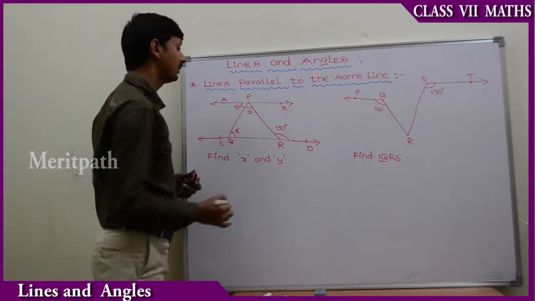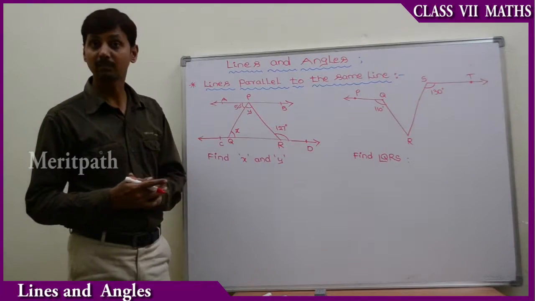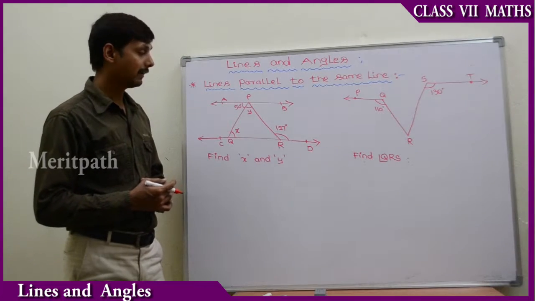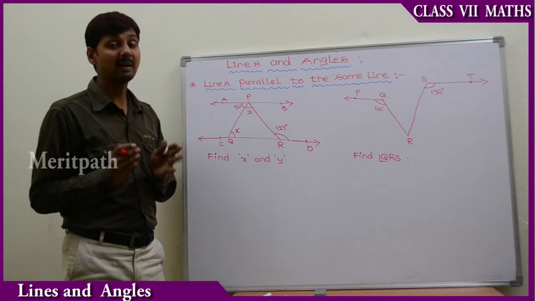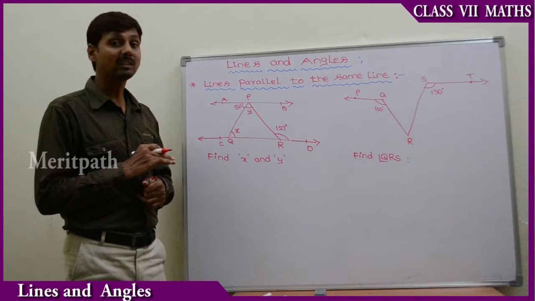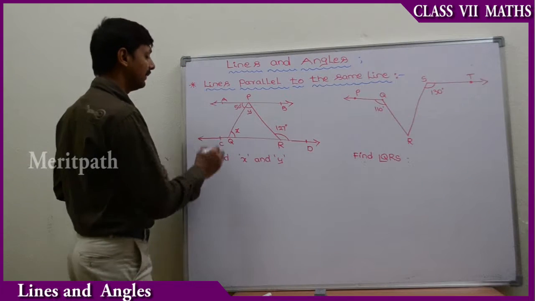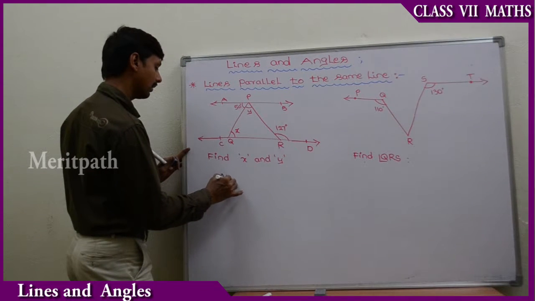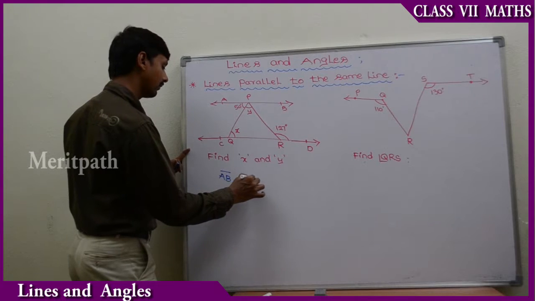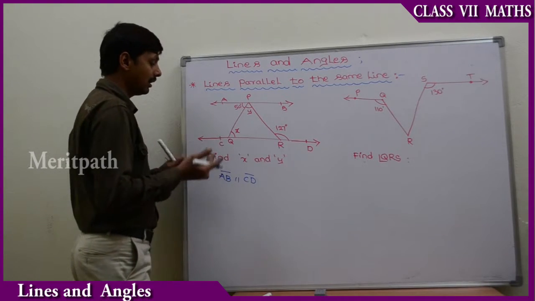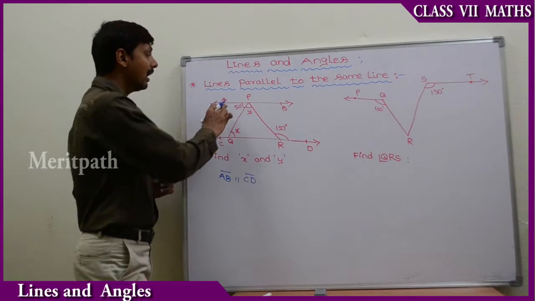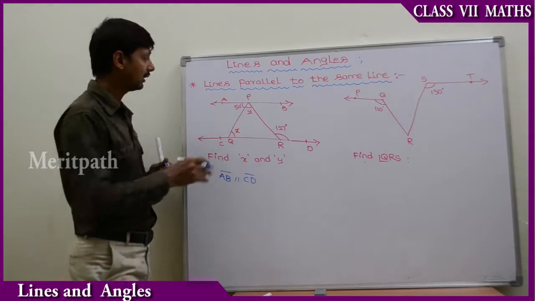Let's take it as D. So AB and CD are parallel to each other, and we know that if two lines are parallel, alternate angles are equal. It's given in our picture that AB and CD are parallel.